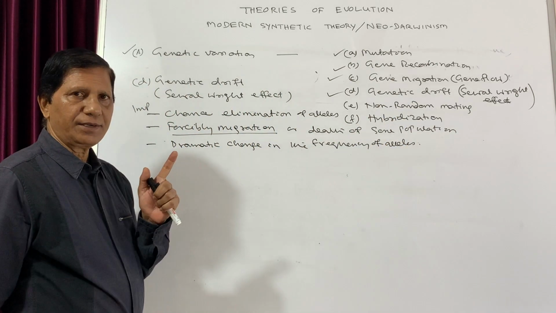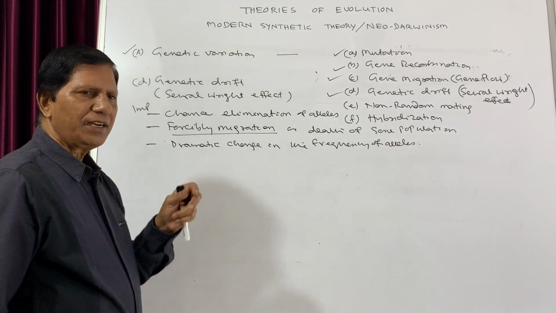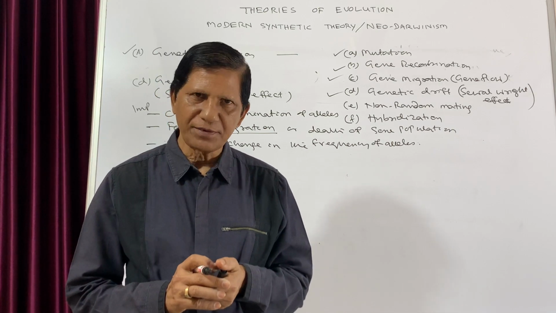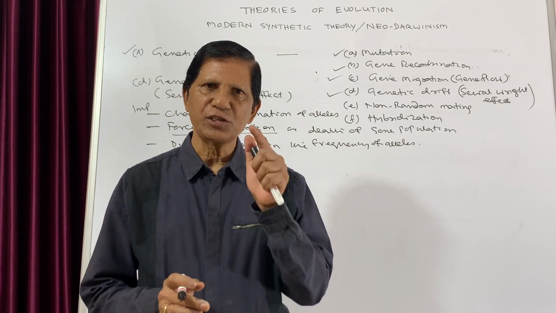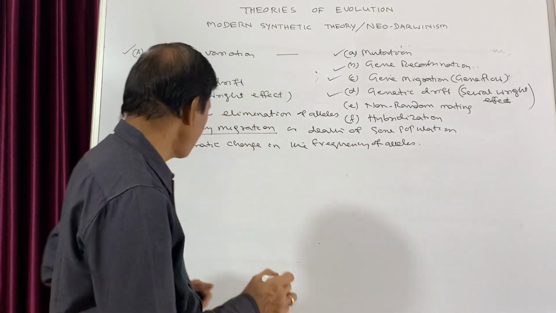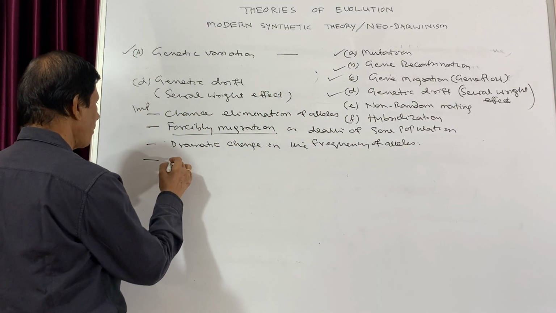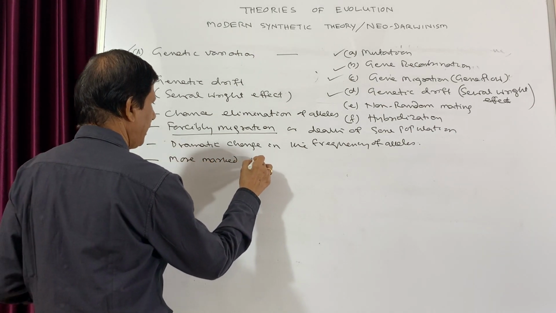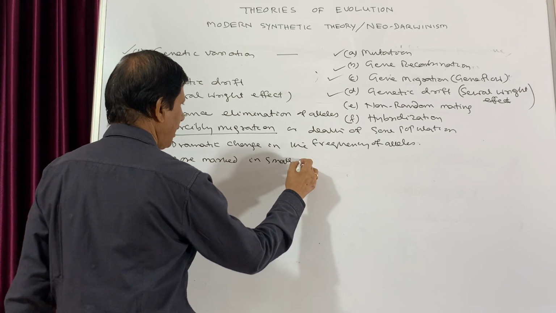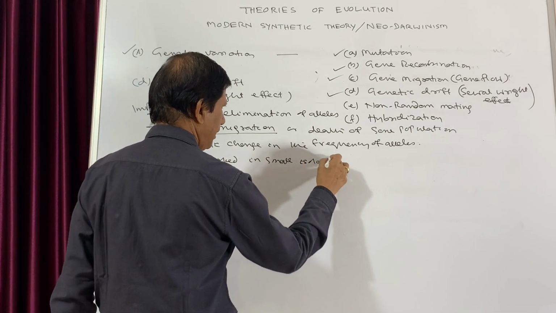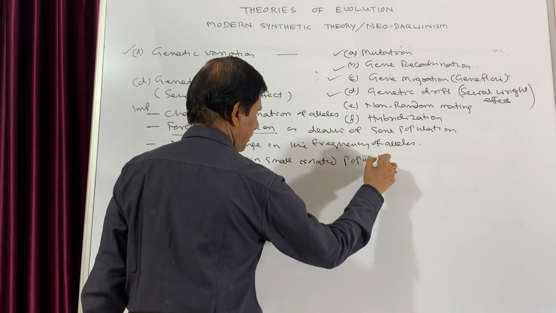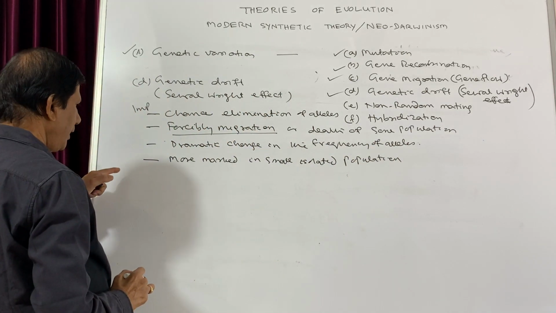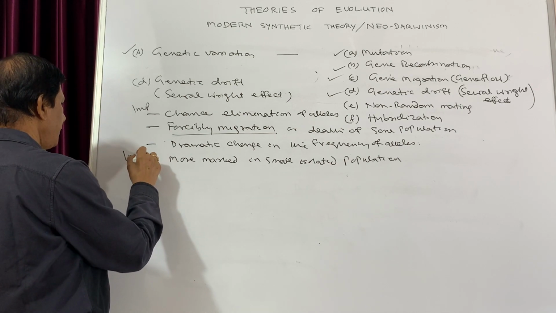Another important thing: this genetic drift can take place in all types of populations, but it is more marked in small isolated populations. This is also a very, very important point.